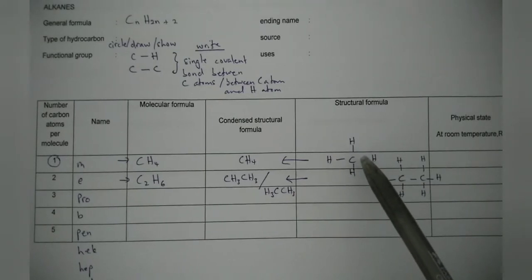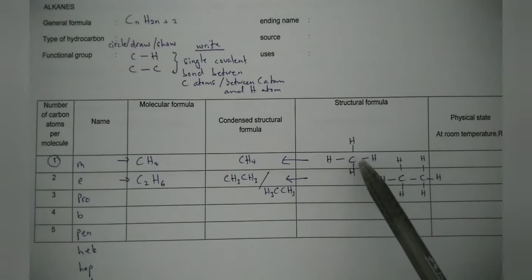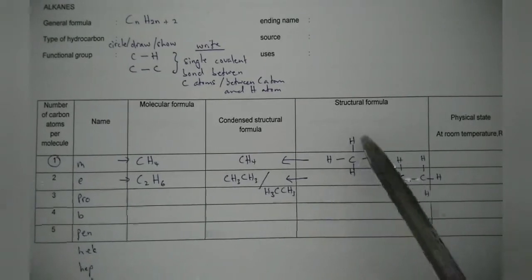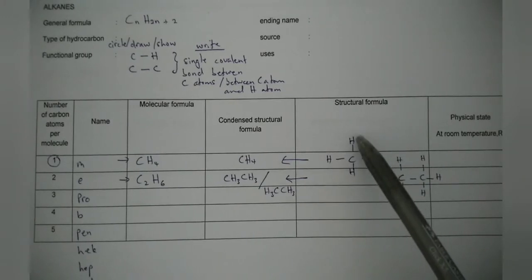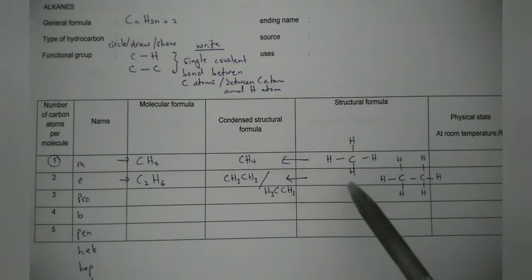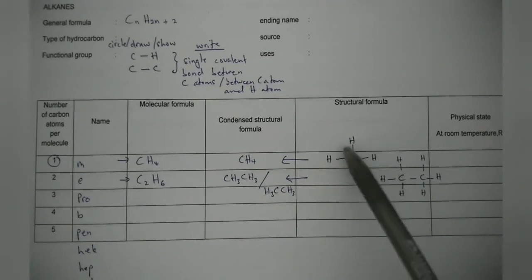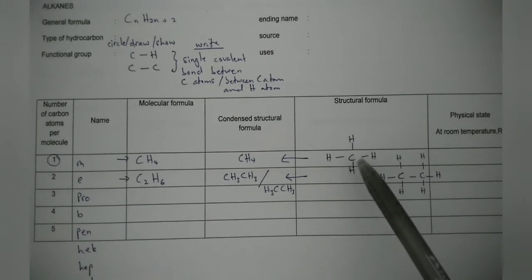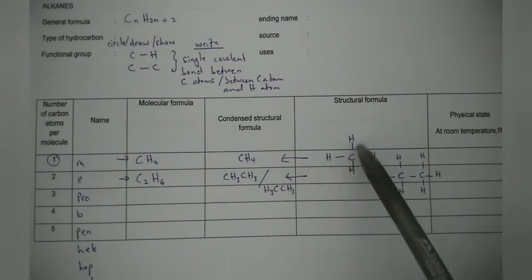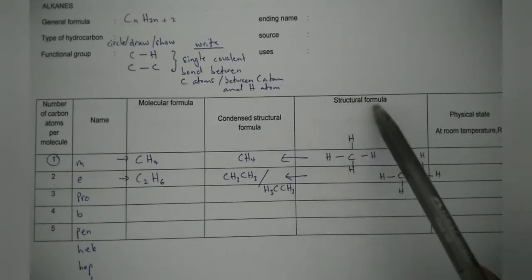So one carbon atom needs to share 4 pairs of electrons with hydrogen. One hydrogen atom has one valence electron. So one carbon atom needs to share with 4 hydrogen atoms to form 4 single covalent bonds. You can get here. This one line refers to the sharing of one pair of electrons in drawing the structural formula.